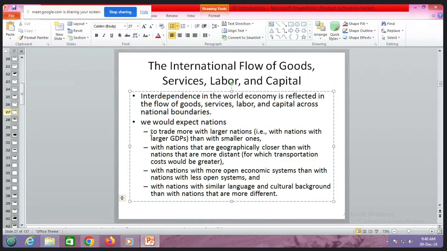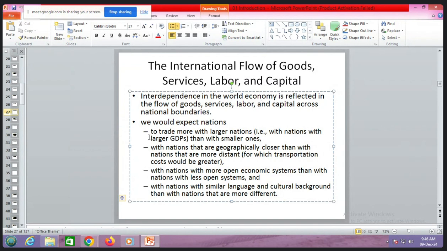So gravity model is basically derived from the physics subject. We all know the law of gravity. The closer the object is to the gravitational force, you see that the pull is very high, and that's how we are trying to measure trade.